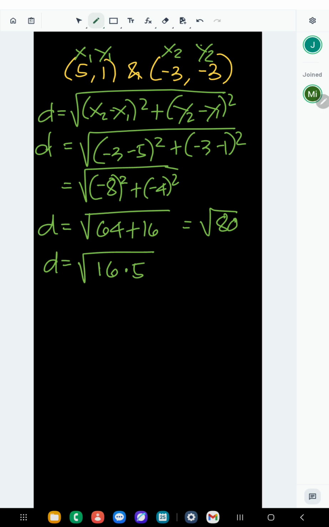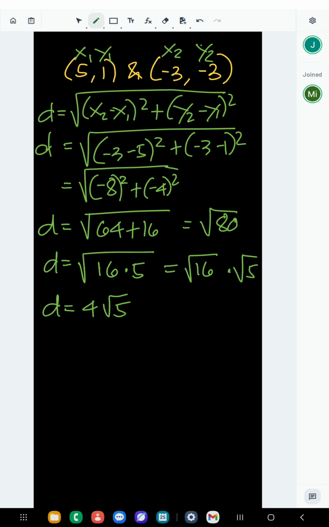Yeah, I think so. So we can write this as square root of 16 times square root of 5. Therefore, the distance is equal to 4 square root of 5. You got that? Okay. Is it the same answer there?